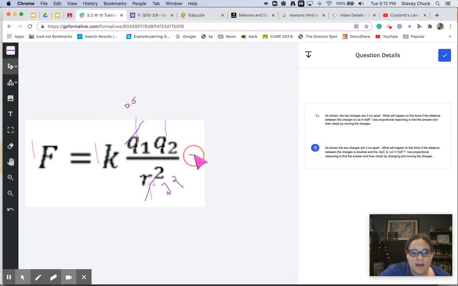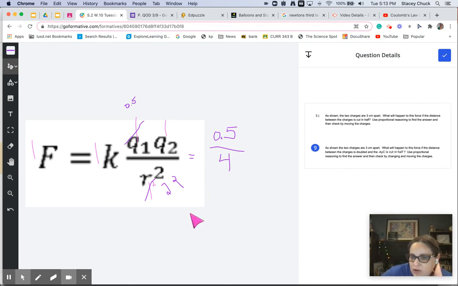All right, so from here we have to do a little bit of algebra. So 0.5 times 1, that's 0.5. And then 2 squared is 4. So the answer is 0.5 fourths. And that might sound insane to you.